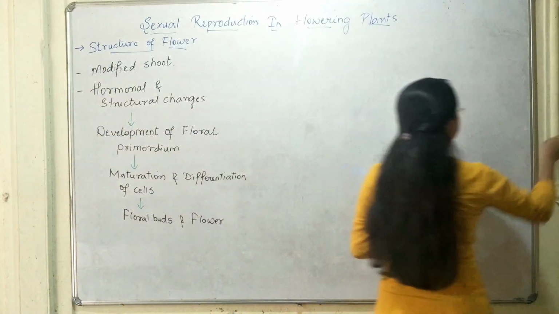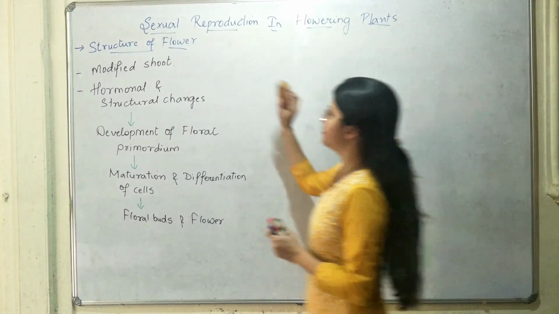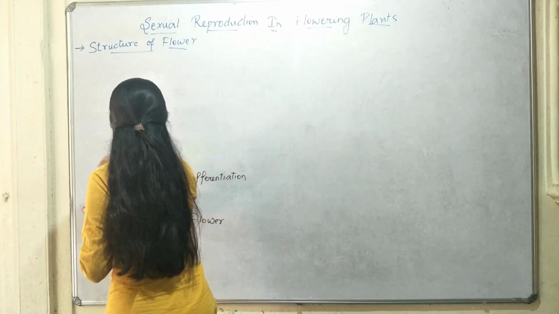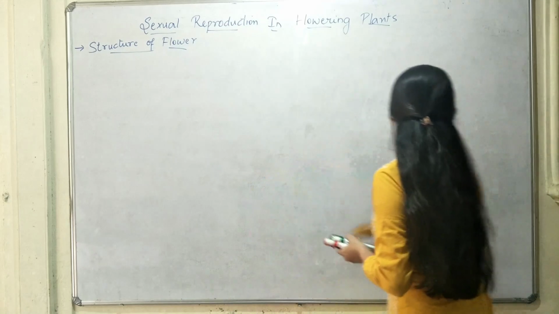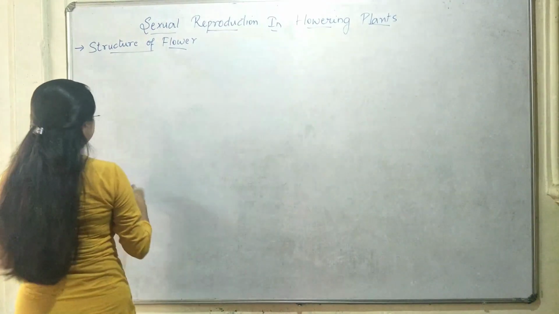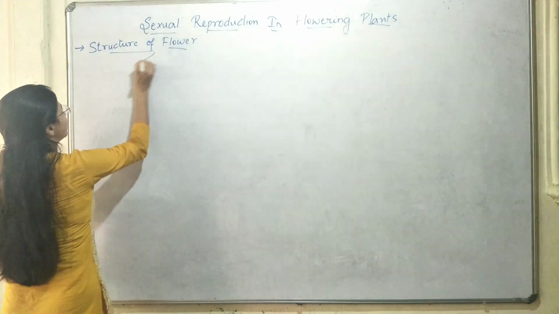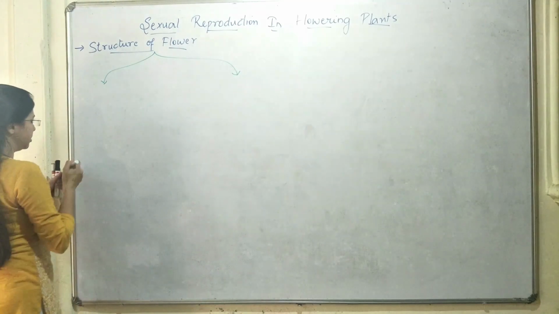So to move ahead, let us now see what are the different structural parts of a flower. If you see the structure of a flower, as I said earlier, it will have two types of whorls.